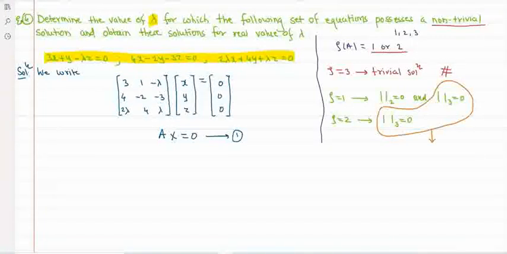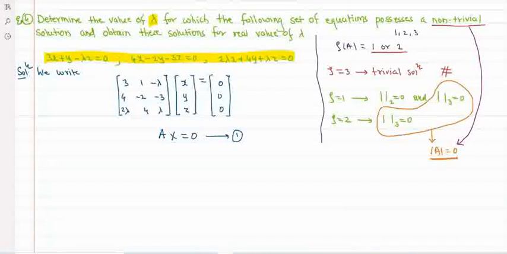And what is the minor of order 3 for the given matrix? Minor of order 3 means you have to select all the 3 rows, all the 3 columns. If you select all the 3 rows and 3 columns, you will get a minor of order 3 for a given matrix, and that is determinant. Yes, that means determinant. So determinant of A equal to 0. So therefore here for a non-trivial solution, the required mathematical condition is the determinant of A should be 0.